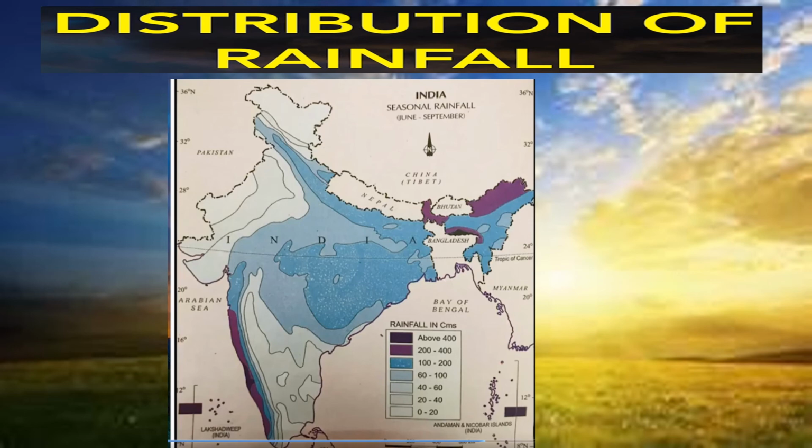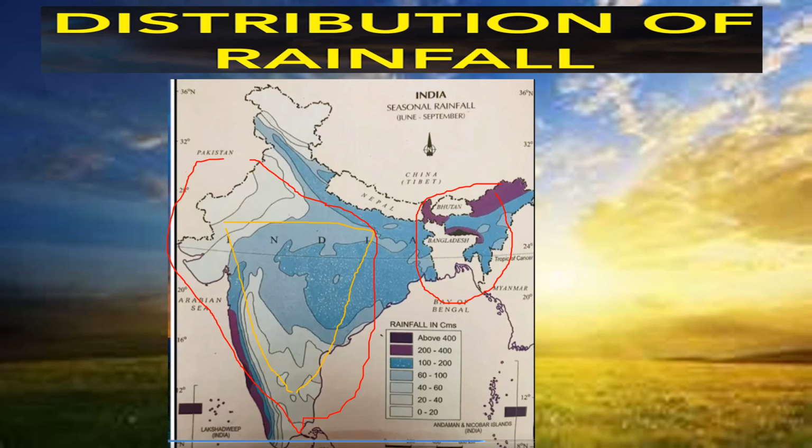Now, part of the western coast, some parts of the eastern coast, they get heavy rainfall up to 400 centimeters. Now, the Deccan Plateau gets very little rainfall or hardly gets any rainfall because they are in the interiors. The remaining part of India, they get moderate type of rainfall.